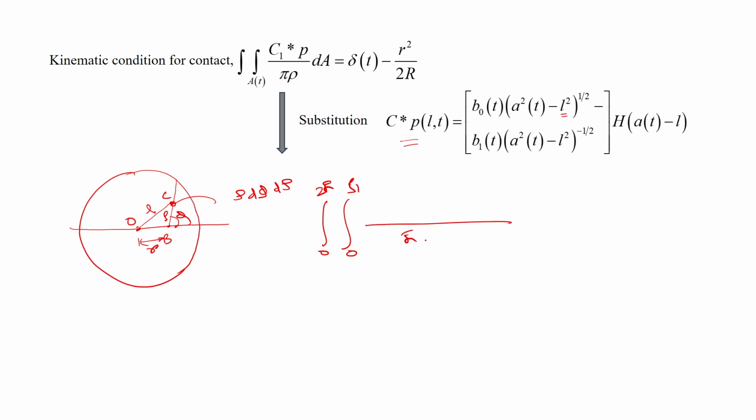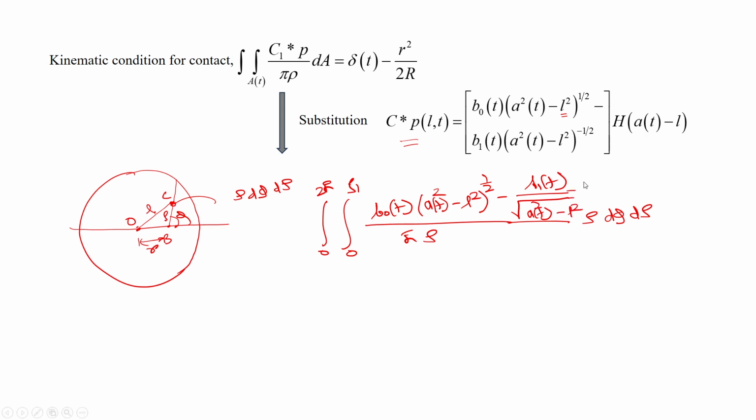Over the area this has to be defined, so it is rho d phi into d rho, and here this quantity is B0 of t into the square root of a(t) square minus L square, minus B1 of t into the square root of a(t) square minus L square.